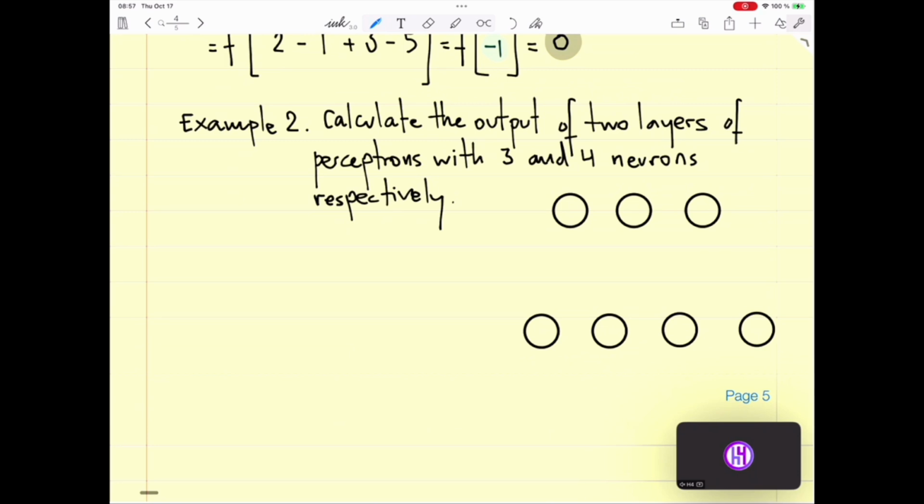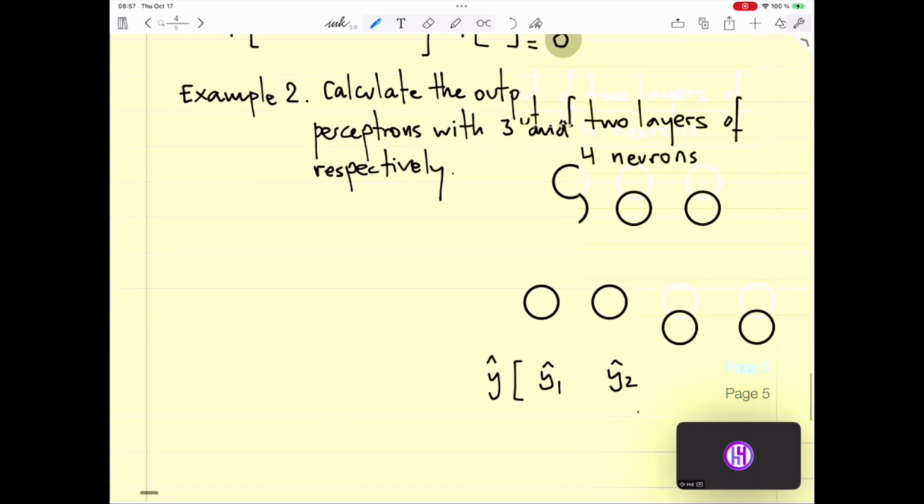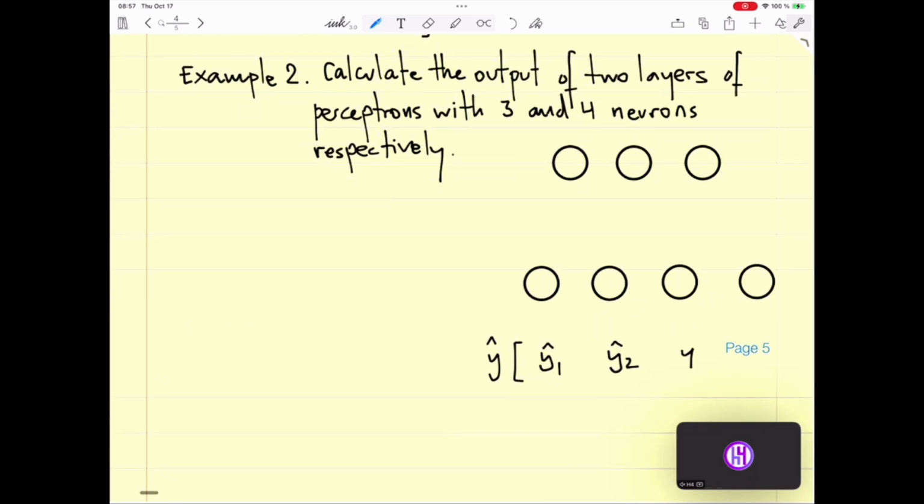We want to calculate our y with a hat. So the vector is going to be y1 with a hat, y2 with a hat, y3 with a hat, y4 with a hat.